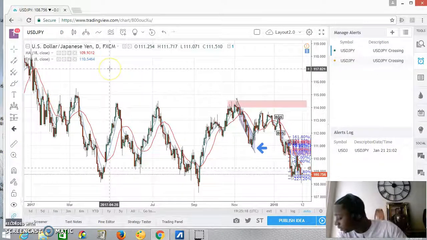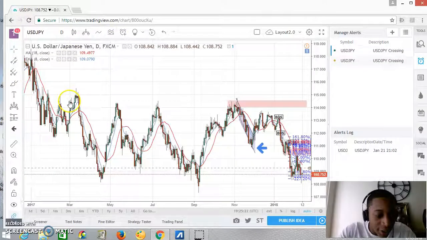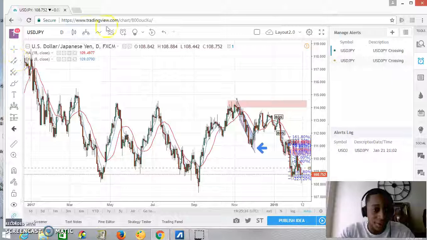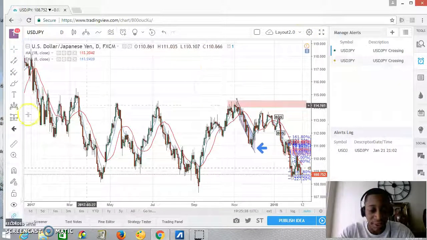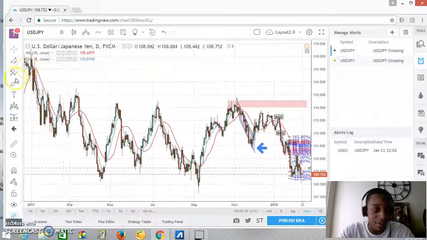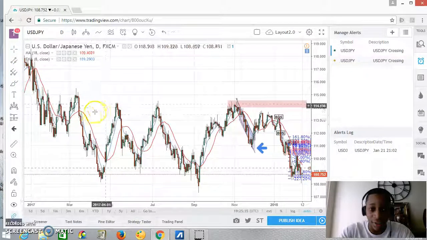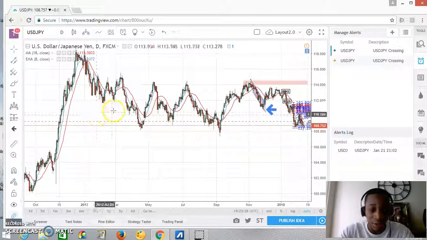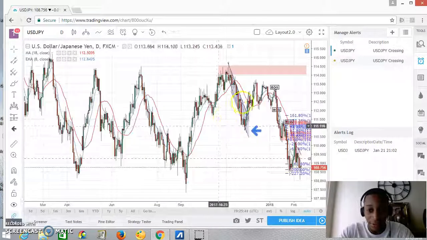Let's see what else. And everything else is pretty much self-explanatory. You just go and explore everything, because a lot of these features I don't use. I just use the main features because I don't use a lot of indicators. I keep my charts very clean, so I can really study it and understand what's going on.